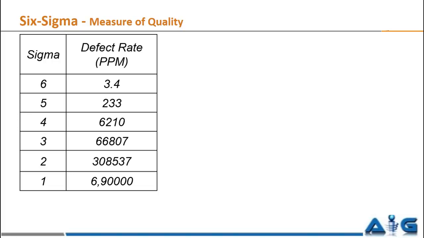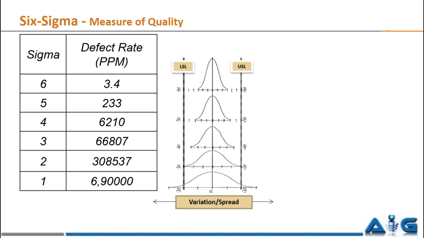So organizations tend to use Six Sigma as a measure of how their processes are performing. If a business process is working at Six Sigma, it means that it is making 3.4 defects in a million opportunities. Farther you go from Six Sigma, wider is the variation in the process.